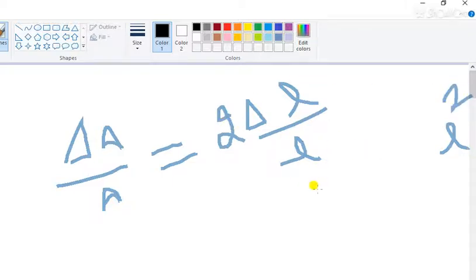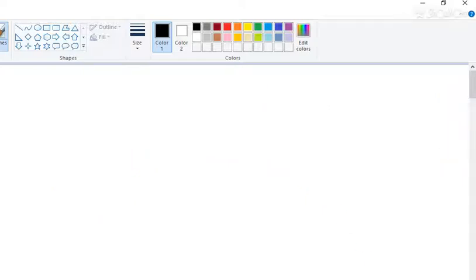When we solve some questions, it will be more clear to you. So we will use the binomial concept.